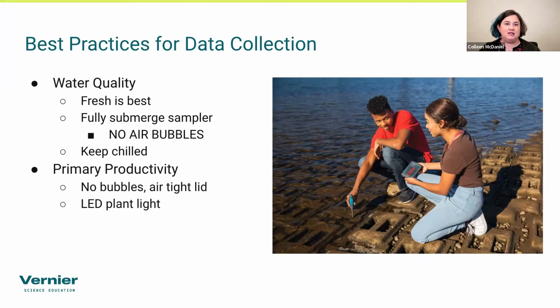The reason is, as soon as that water starts to warm up or change from its environment, you're going to start getting decomposition take place. While a lot of people don't think about it, that water sample is going to be filled with bacteria and other types of protozoa that are going to start decomposing and breaking down any organic matter that's in the sample.